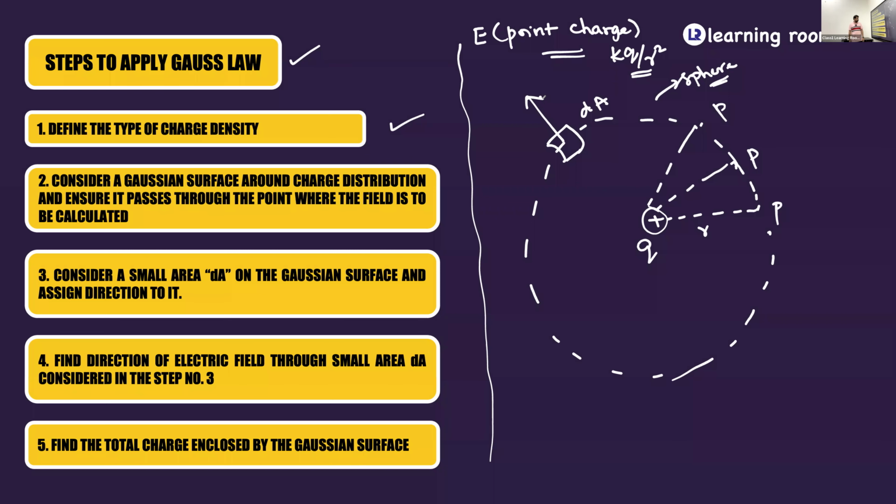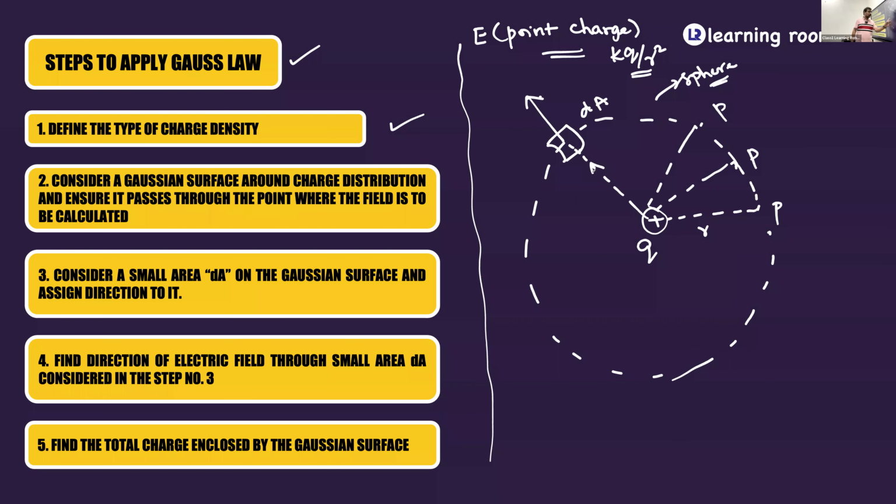The next step is to find the direction of the electric field through the small area dA that we considered in step number 3. So due to this point charge, how is the electric field going to be? It will be away from it. Am I right?